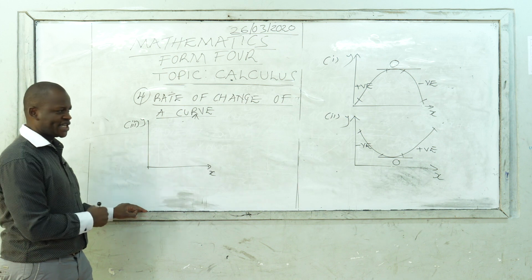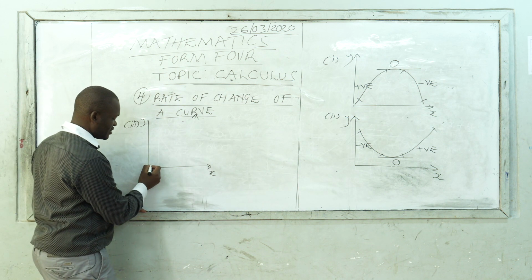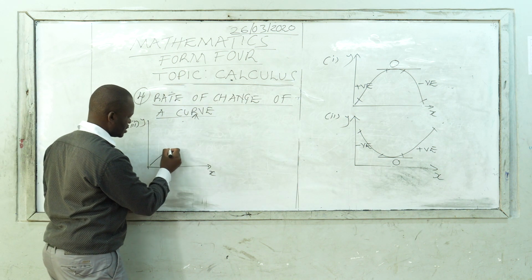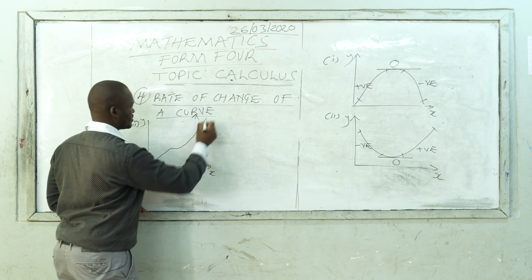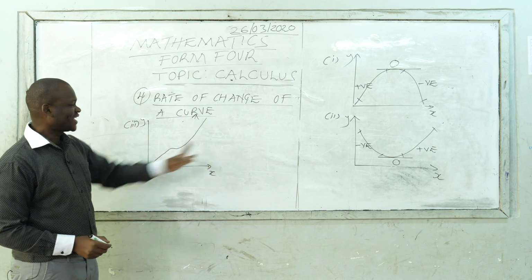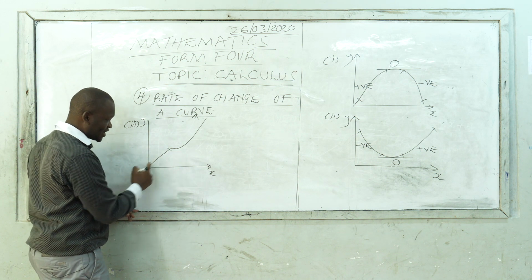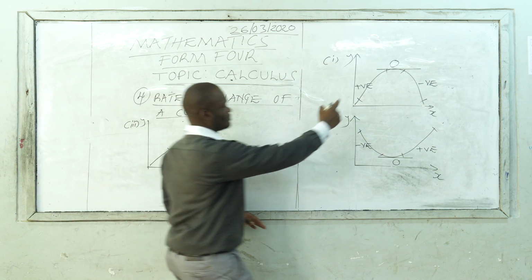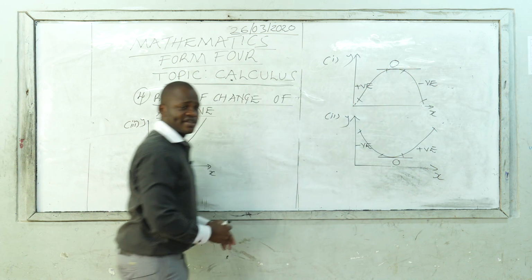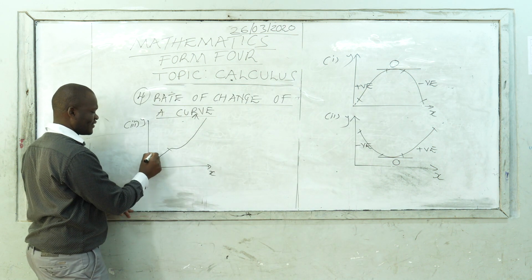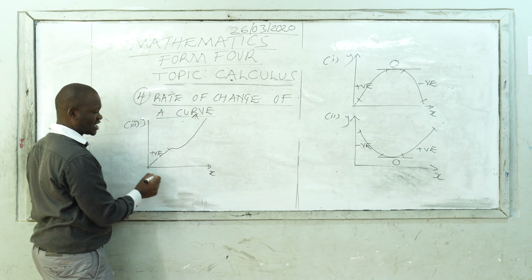In the third form, we have that inclination, we turn, then we continue. So how is the variation like here? If you're very keen, between here and here is the same as that variation. Meaning what we have? We have a positive gradient.